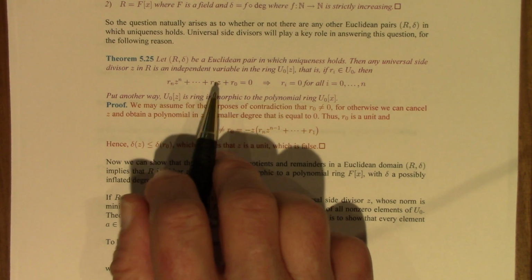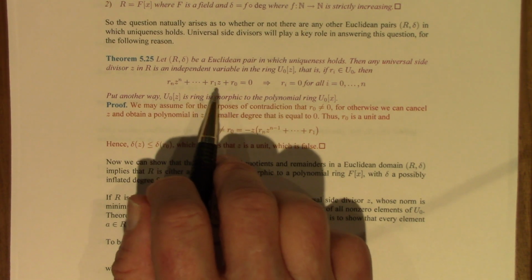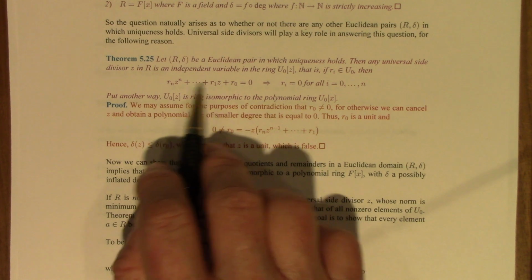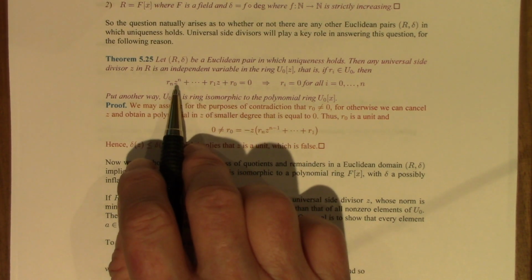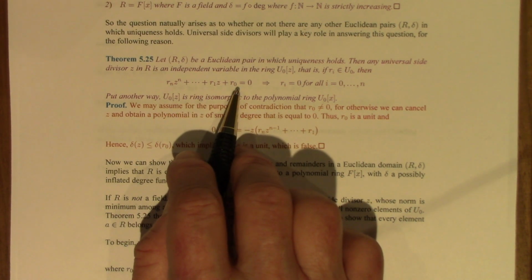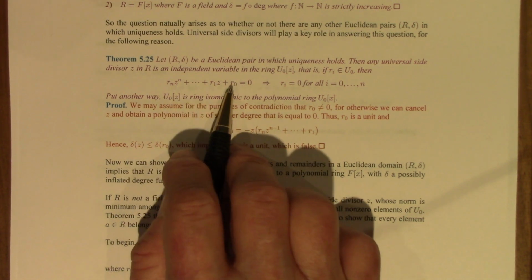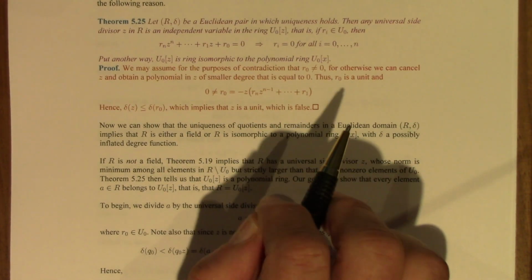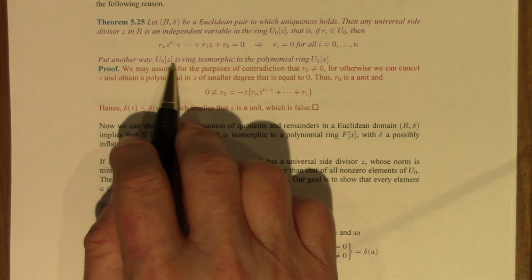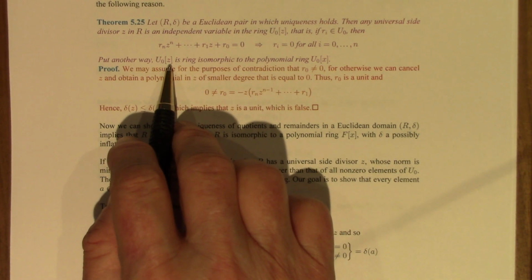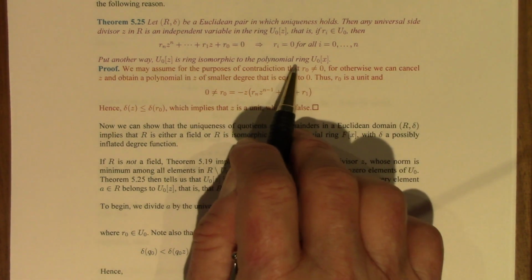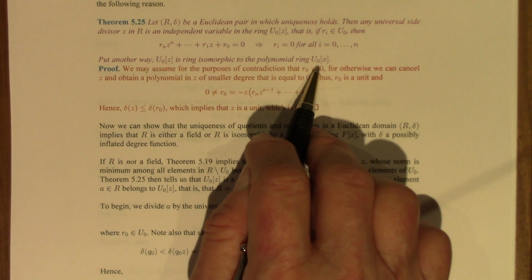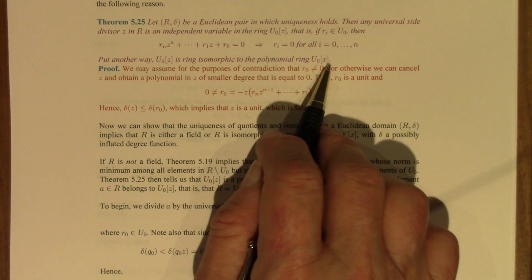So there's no algebraic relationship among the powers of Z. Or you might say a different way, there's no non-zero polynomial satisfied by Z. We can also say U0 square bracket Z is ring isomorphic to the polynomial ring U0 square bracket X, where X is a variable.